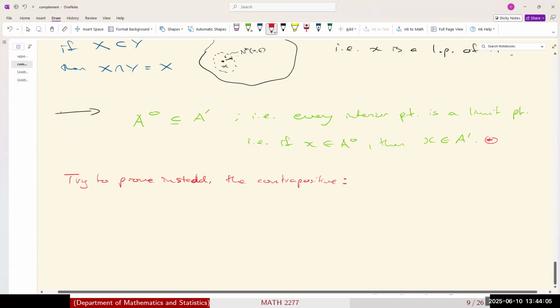I hope you'll remember what contrapositive means. If P then Q, the contrapositive is an equivalent way of saying it: if not Q, then not P.